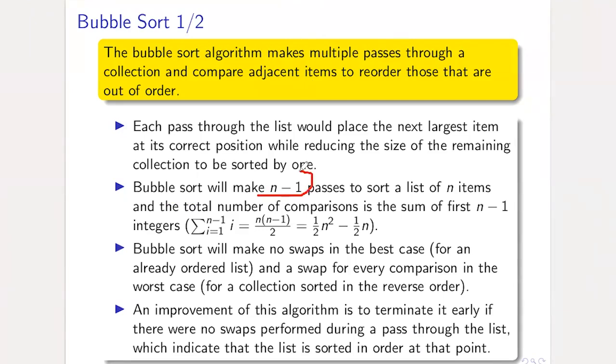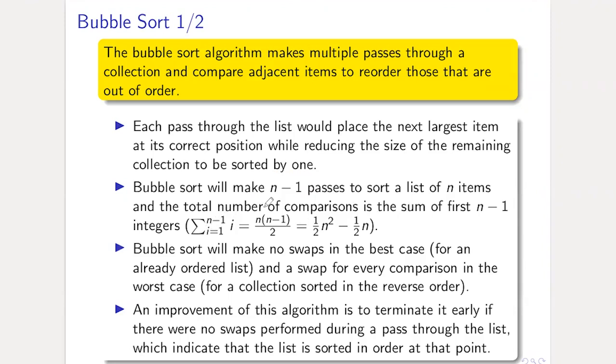This algorithm will make n-1 passes, because in an n item list, it will go through this n-1 times, and each time it will do a number of comparisons equal to the number of items in the list, but of course this is now diminishing.